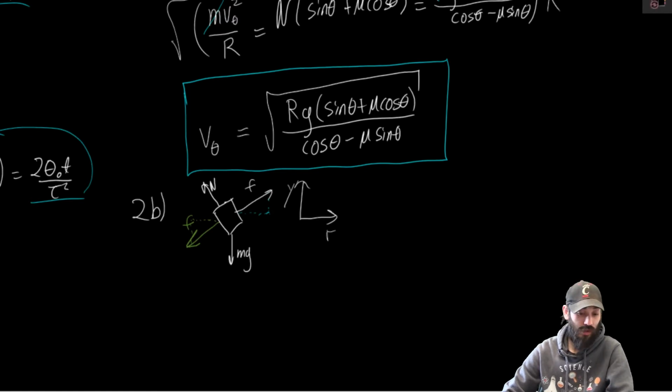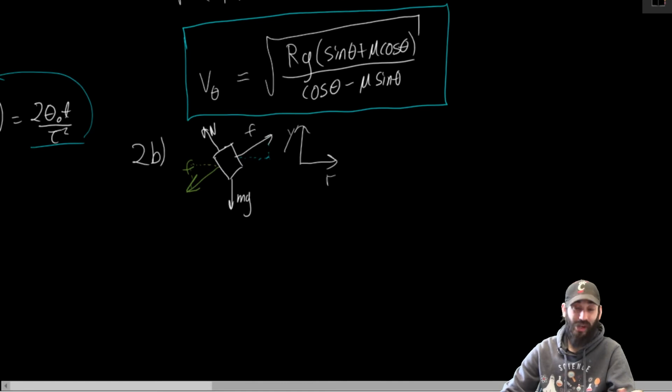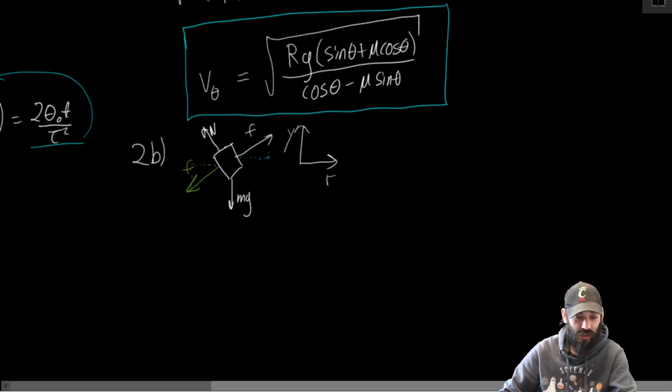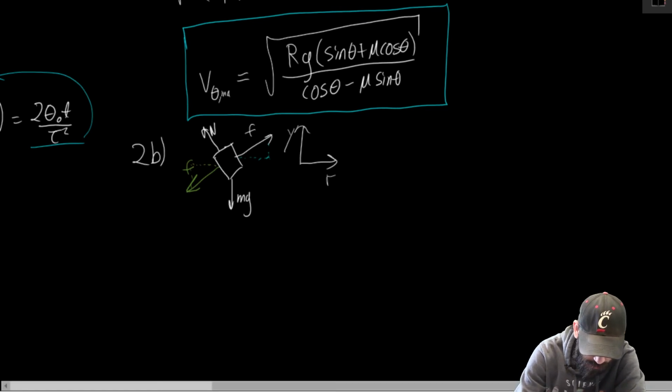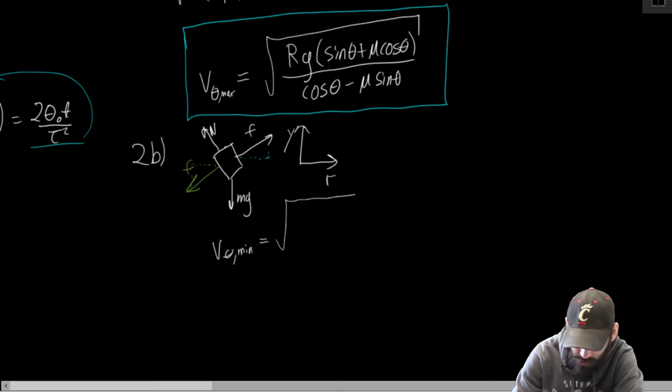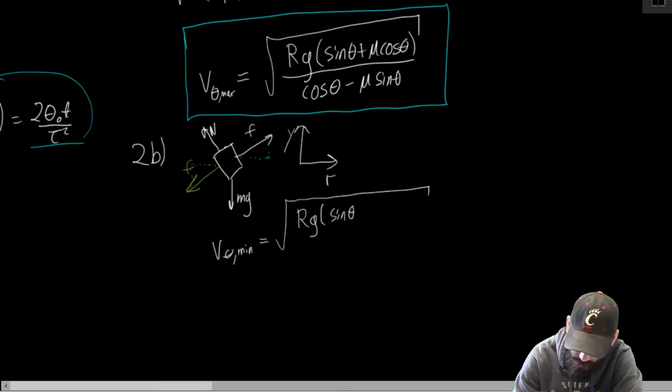Okay? So when we look at this, we don't really need to do this calculation again, because what we see is what happens here for the minimum. So here, let's say this is the max. We want to write v theta min, and you can go through the whole process and prove it to yourself if you don't trust this. Now, honestly, don't trust me when I say things, because sometimes I make mistakes, but hopefully this is not one of them.